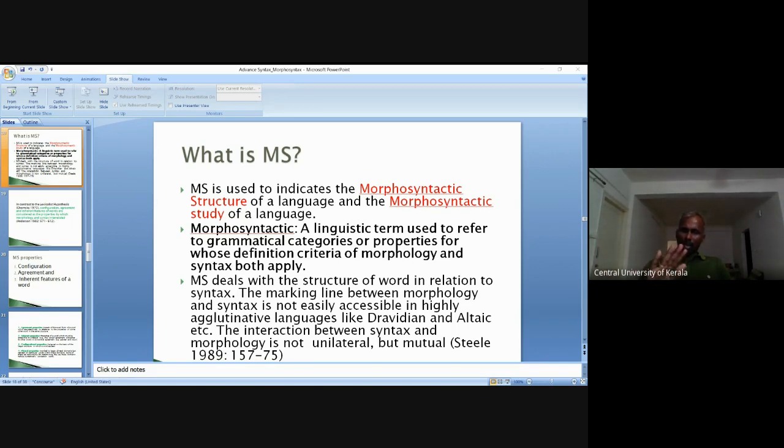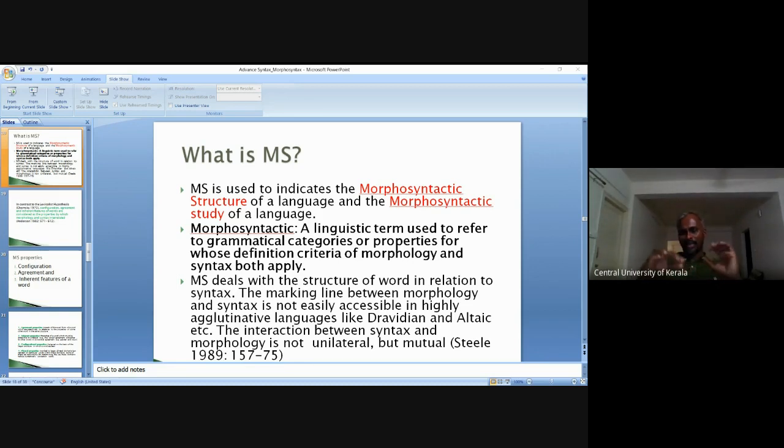Avan is the controller, and the target is the verb. Every morphosyntactic feature will have two components. One is the controller, which has the inherent features, for example gender and number, and the target is the verb. So this will control the inflection of the verb. That is called controller and target.